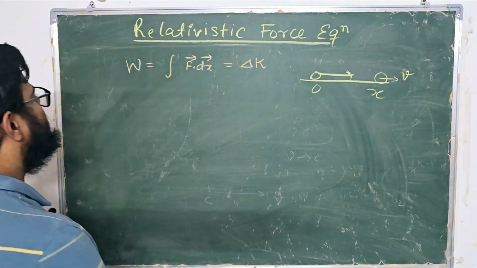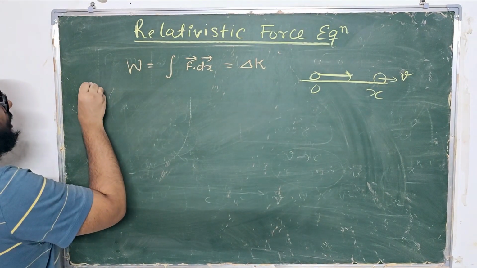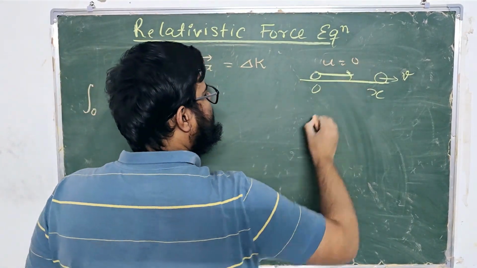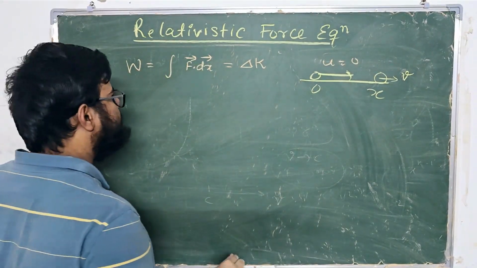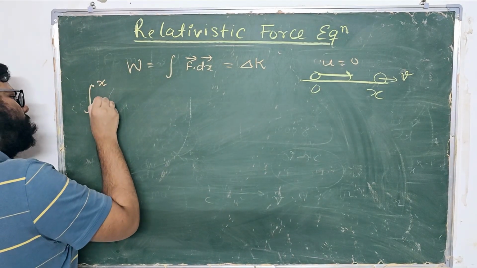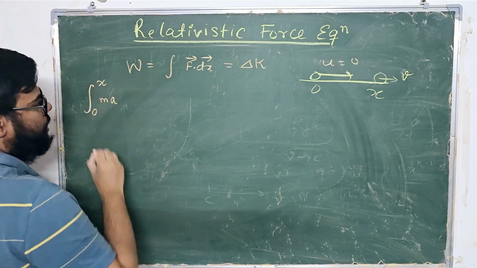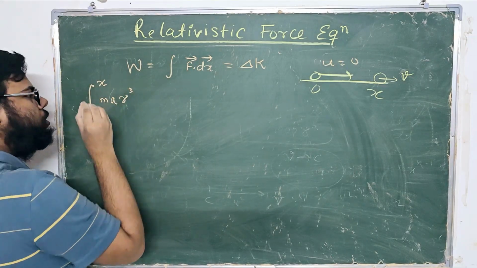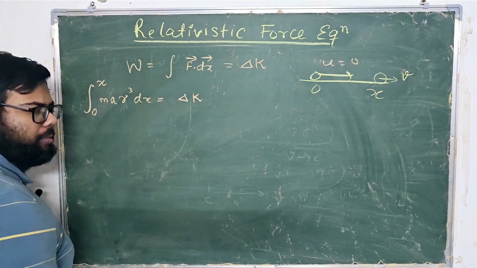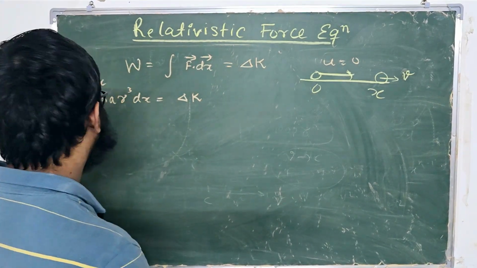So what you get over here? Suppose initially it was at rest. So from 0 to x, m a gamma cube times dx is the change in kinetic energy, correct?